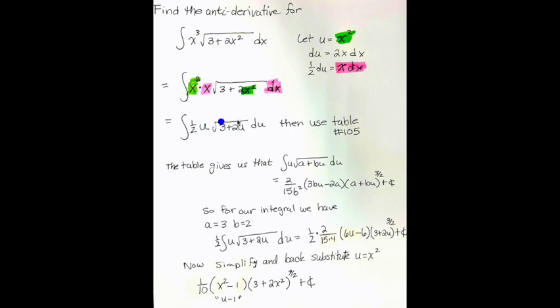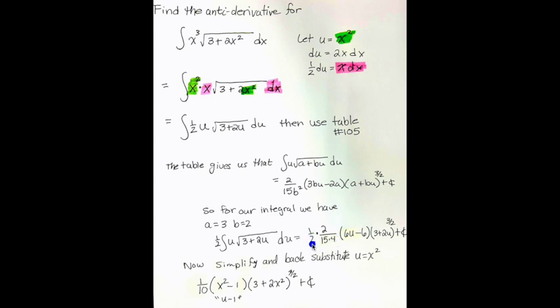Now for our integral, we have that the a here is 3, so I wrote that down here, and what's in front of the u is b, so that would be 2. So now when I write out my antiderivative, anywhere I see b, I'm going to replace it with 2, and anywhere I see a, I'm going to replace it with 3.